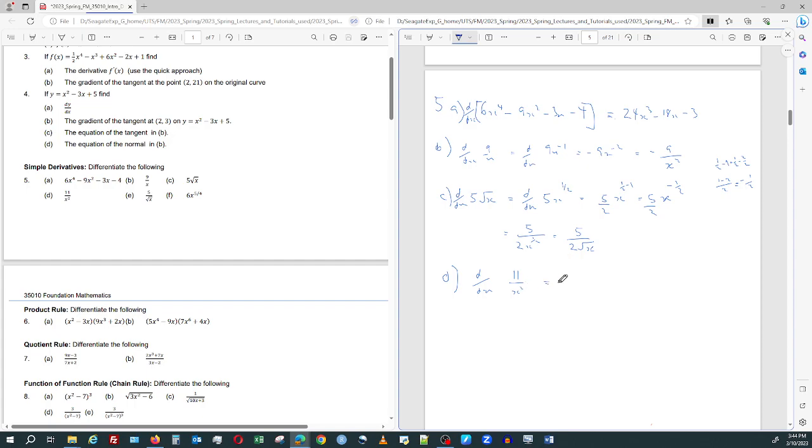Which equals d/dx of 11x to the minus 2, which we now will do the differential. 2 comes out, so 22x to the minus 2 minus 1, which is minus 3, which is minus 22 over x cubed.